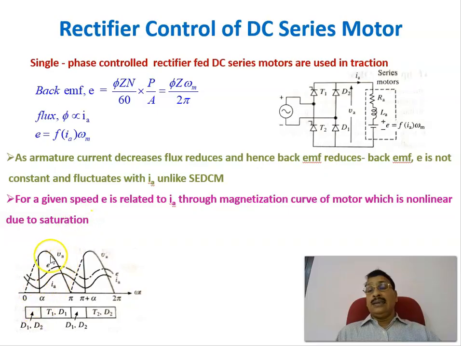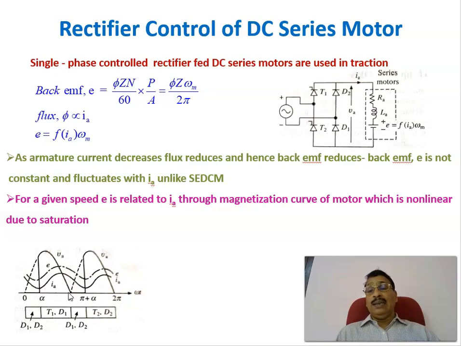This is the voltage that is coming across the motor. This is the input voltage and is fired at a firing angle alpha, and from alpha to pi the voltage across the motor is the same as the input voltage. At pi, we are in continuous conduction mode.